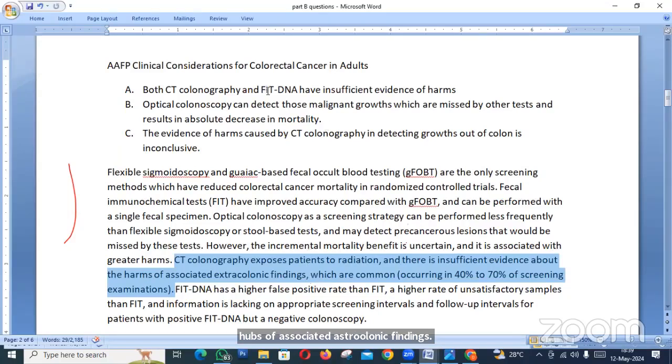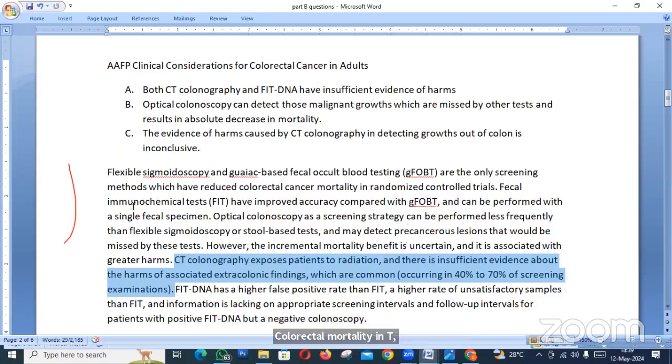So this part about CT colonography has insufficient evidence of harms. That is okay, but FIT DNA. Flexible sigmoidoscopy and guaiac-based fecal occult blood testing are the only screening methods which have reduced colorectal mortality in trials.